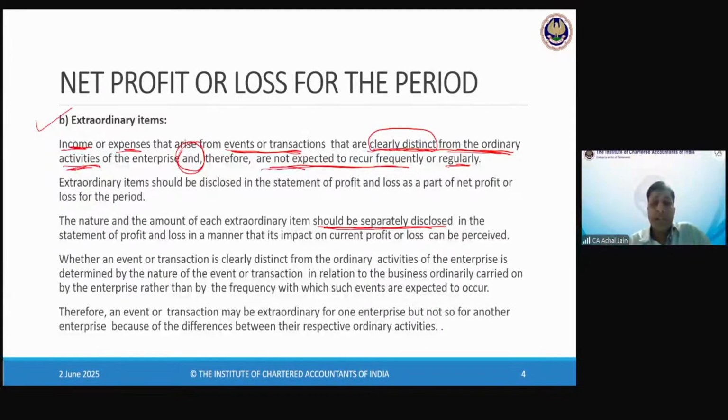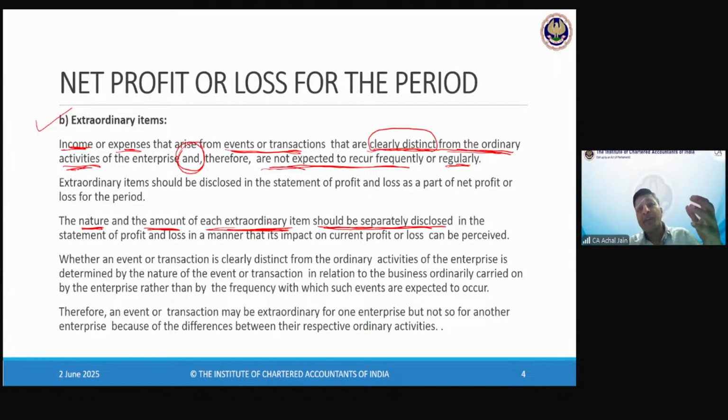Number two, because these are sort of unusual, non-recurring, distinct from the ordinary business activities, when you present them separately, you also give a disclosure around that. So therefore, the nature and amount of such items, one, of course, you will present separately.